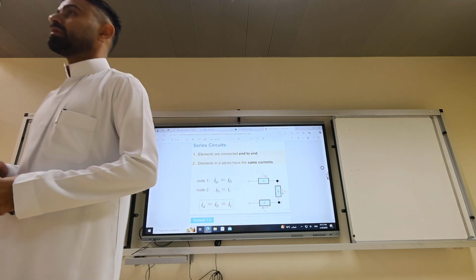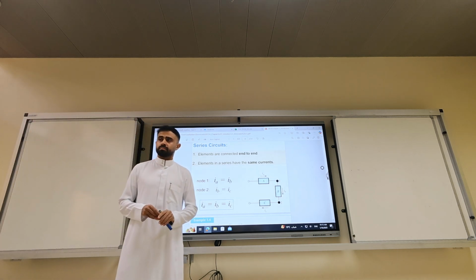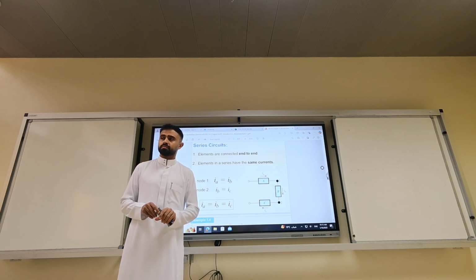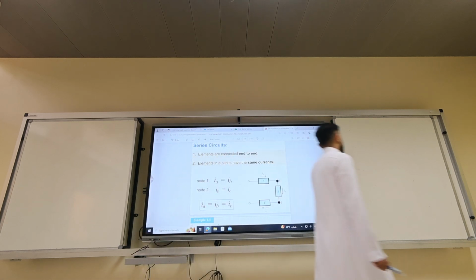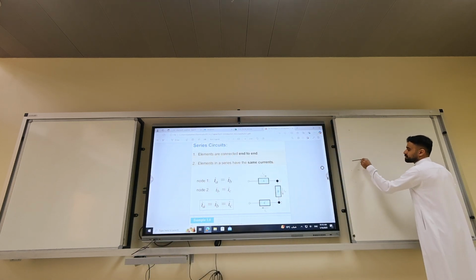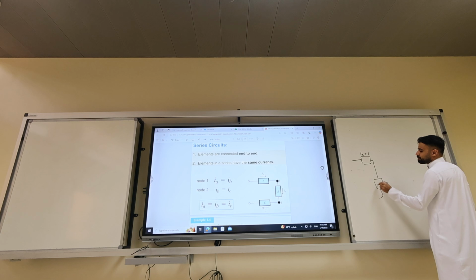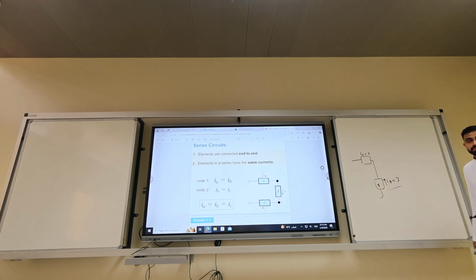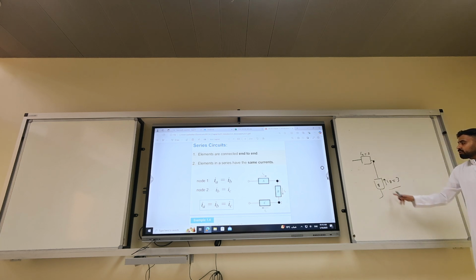Yes, please. I have a question. What will happen if we have one node and the currents are opposite, but one current is bigger than the other? That doesn't exist. You cannot have a circuit that has two elements, maybe IA equal to 5 and IB, which is opposite in direction, equal to 3. That doesn't make any sense because it violates KCL. Is 5 equal to 3?